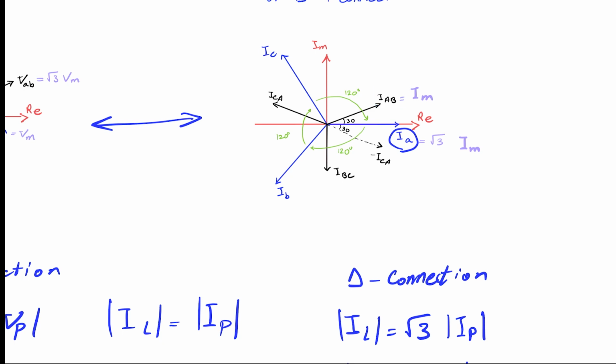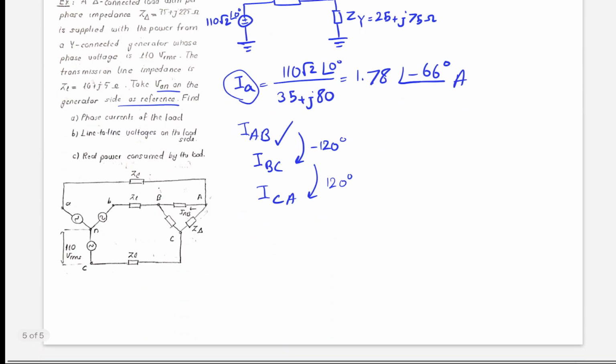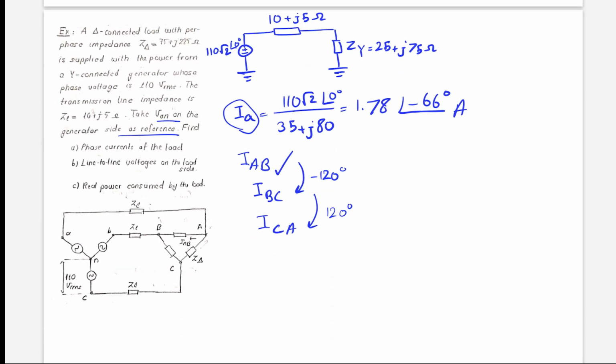So IAB will be IA times 1 over radical 3 with the phase of 30 degrees. And this will give us 1.03 with minus 36 degrees amps.